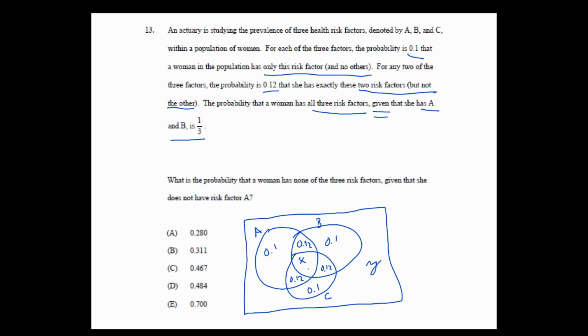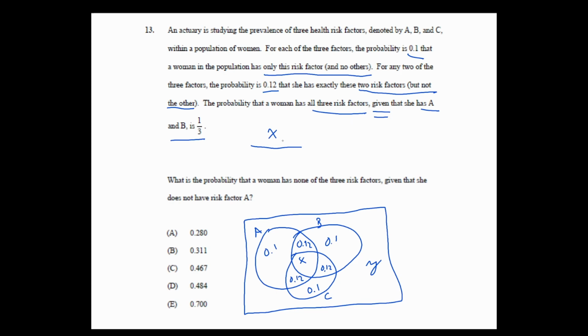Now, the first thing we have to do is solve for X. And it's actually pretty simple. So we're given the probability that a woman has all three risk factors, so we're going to go X given. This word given means that we're going to divide by the subpopulation.